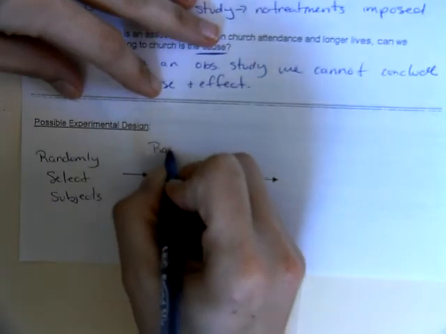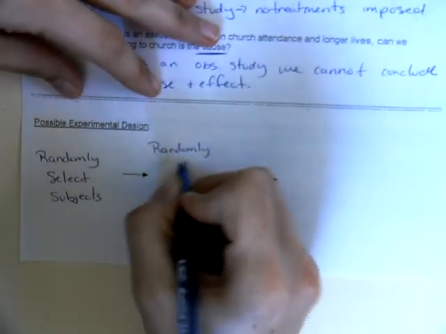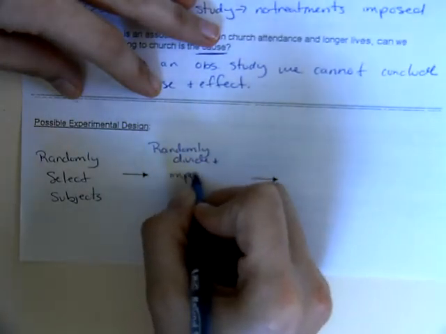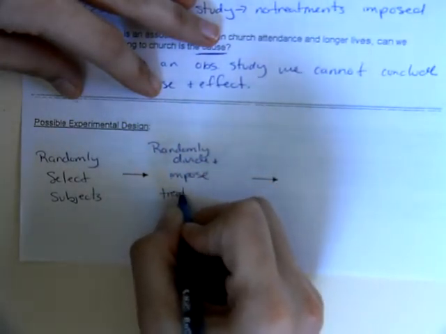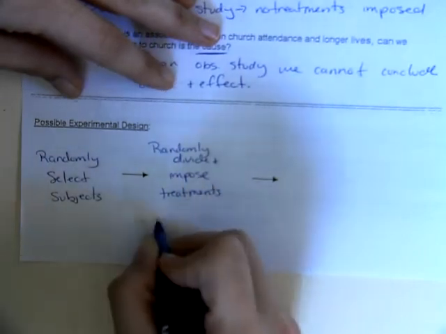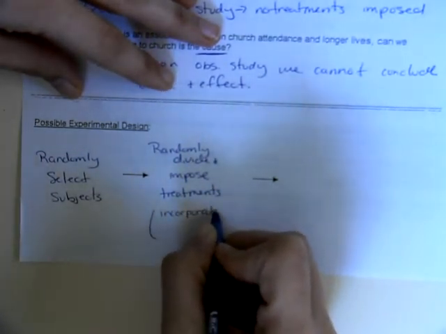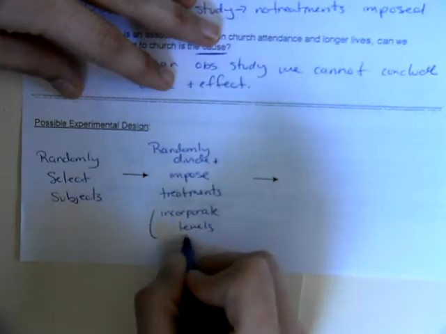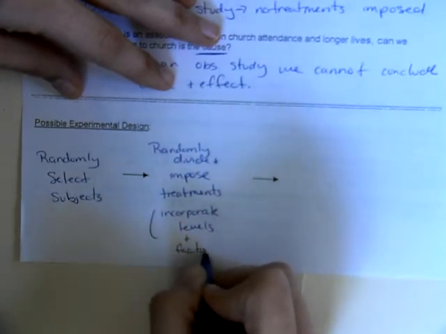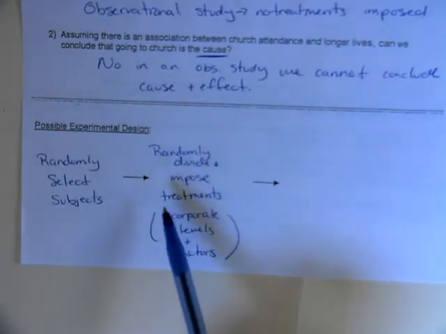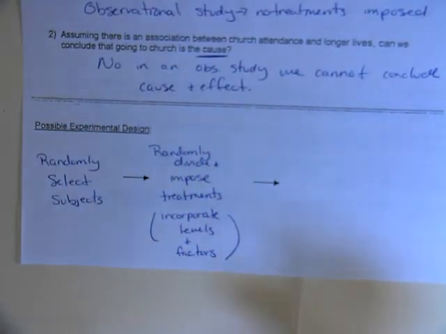And then you randomly divide and impose treatments, making sure to incorporate levels and factors. And we'll get into specifically how you randomly divide and all that stuff in 2.4.